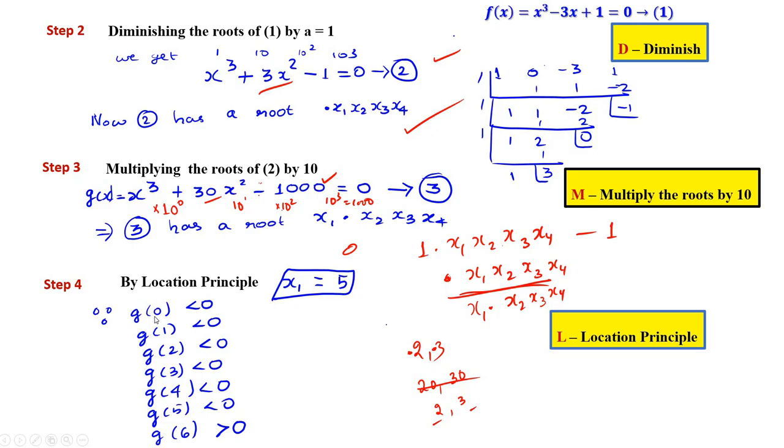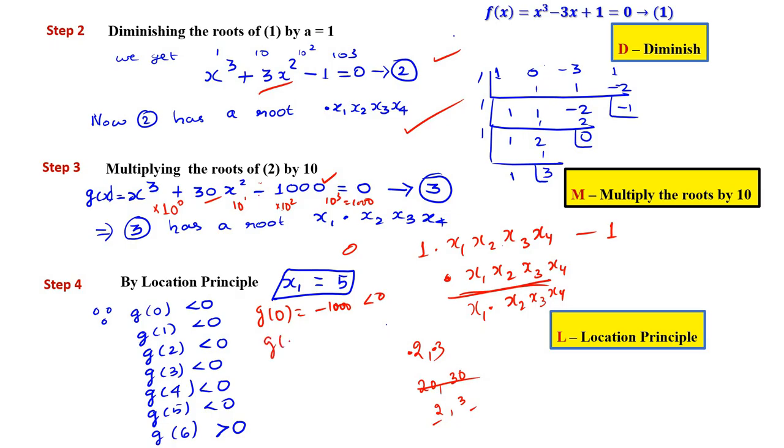Start from 0. G of 0 is negative, G of 1 negative, G of 2 negative, G of 3 negative. You have to substitute, simplify and see. You cannot simply put it, you have to evaluate G at 1. G of 0 means you are replacing x by 0, so that means minus 1000, which is negative.